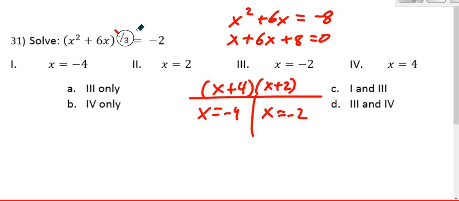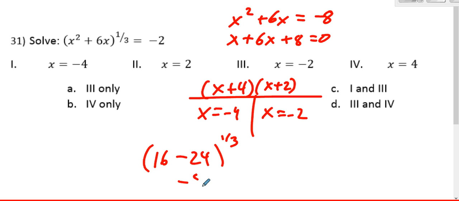Plug them back in just to make sure. Plug in the negative 4, you get 16. 6 times negative 4 is negative 24. That's negative 8. And the cube root of negative 8 is negative 2.